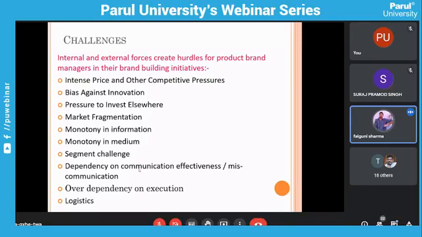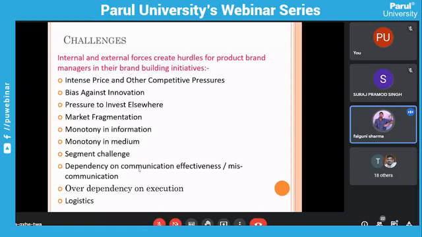So it is a challenge. We have to change or elaborate our information on a rigorous basis. Monotony in the medium: we cannot go through a single way. We have to use multiple approaches to reach the customer. That is very important, otherwise we miss our potential somewhere.